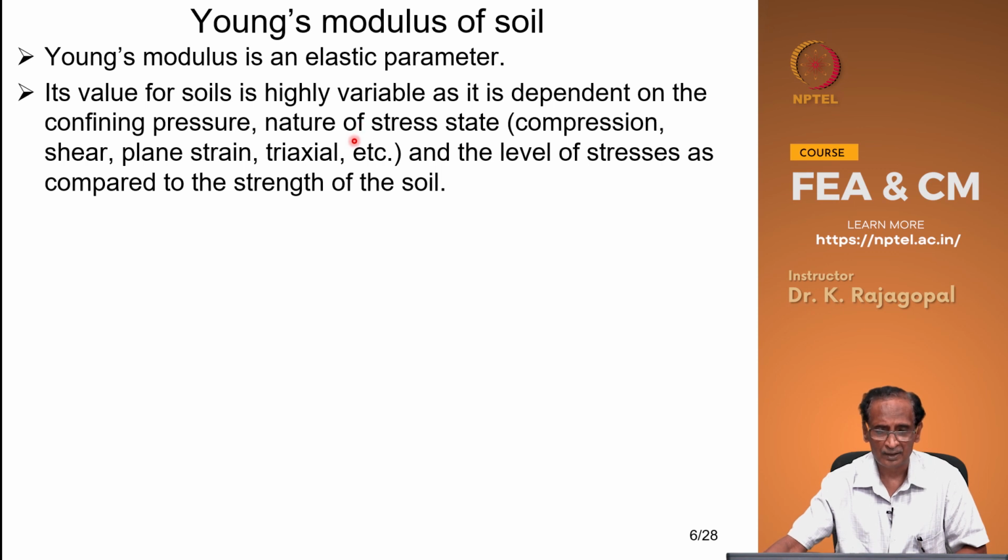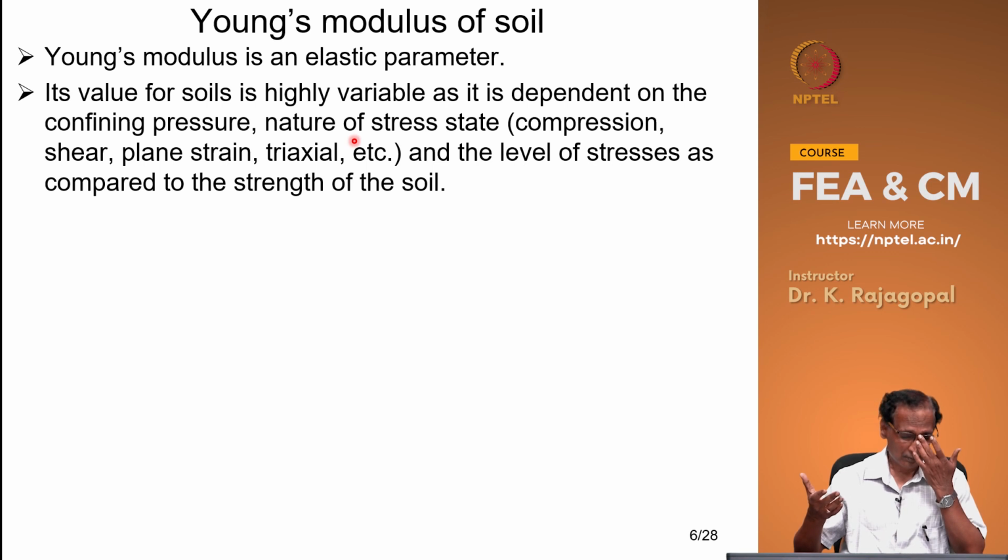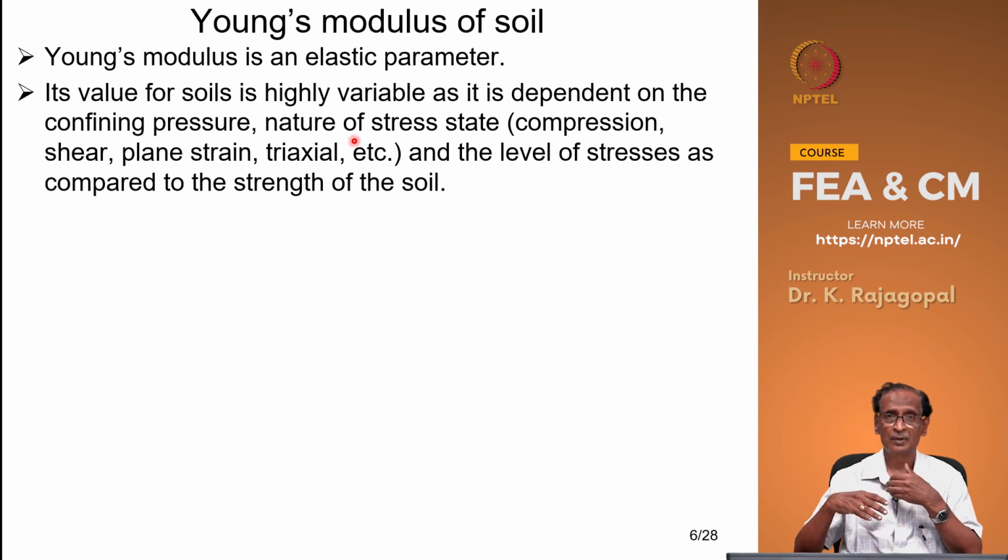So for soils, it is not easy to define Young's modulus. There is no one single parameter. It varies with stress level and confining pressure, and the type of stress condition, whether it is plane strain or axisymmetric, or whether it is compression or pure shear, and so on.